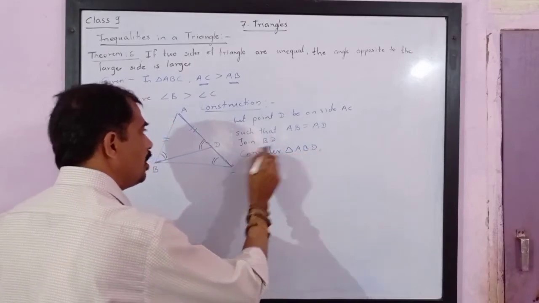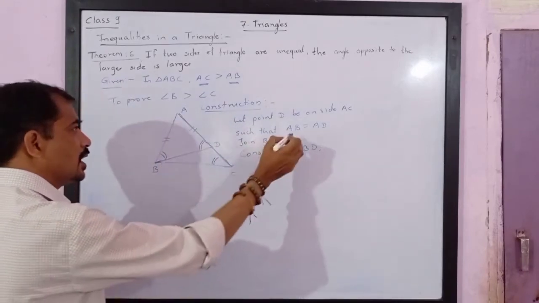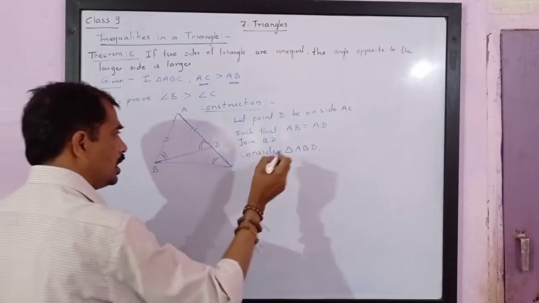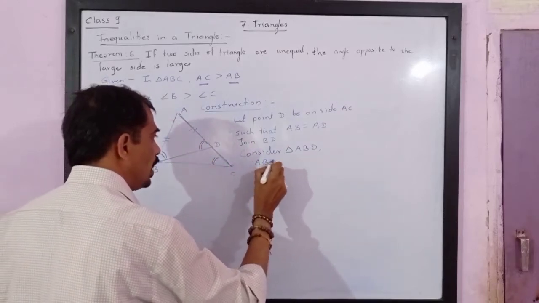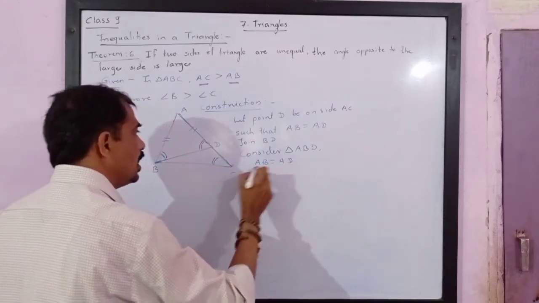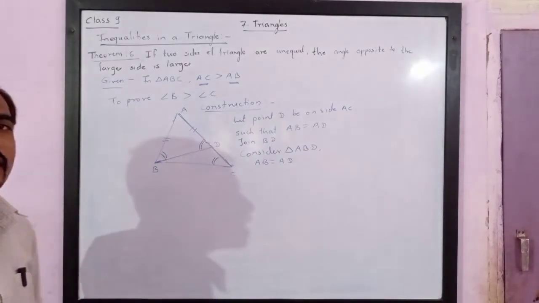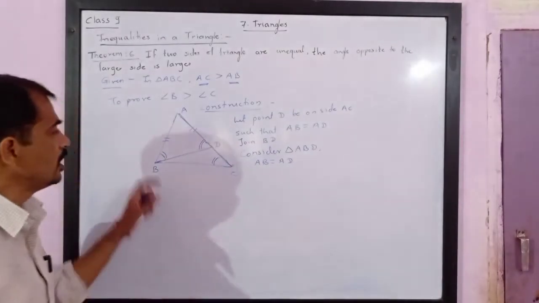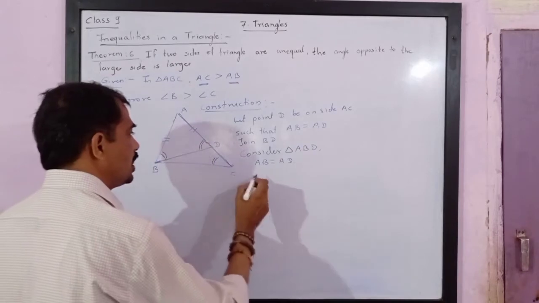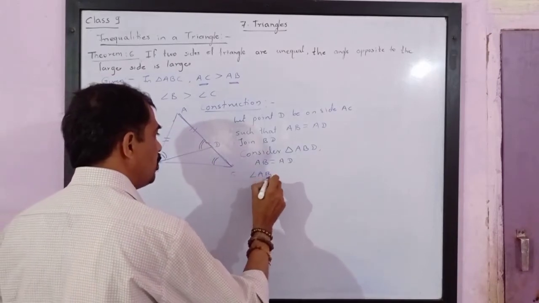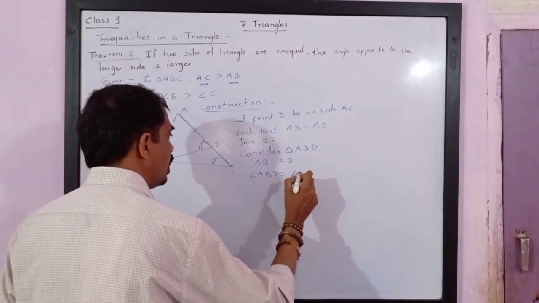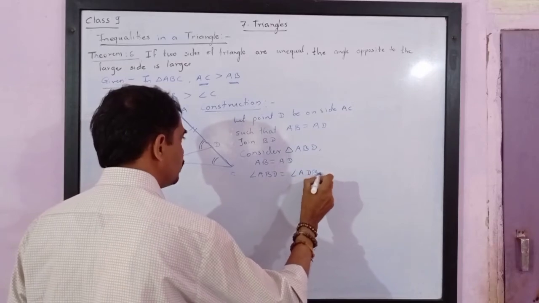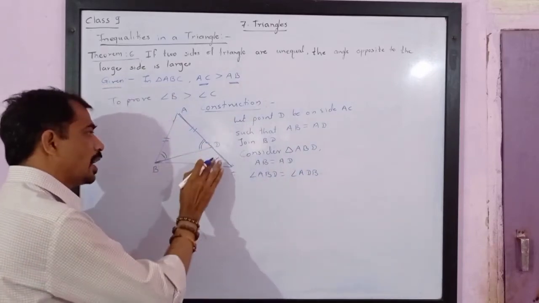In triangle ABD, we have just constructed AB equals AD. It means in an isosceles triangle, we have studied that angles opposite to congruent sides are congruent. It means angle ABD equals angle ADB, that is, both these angles are equal.